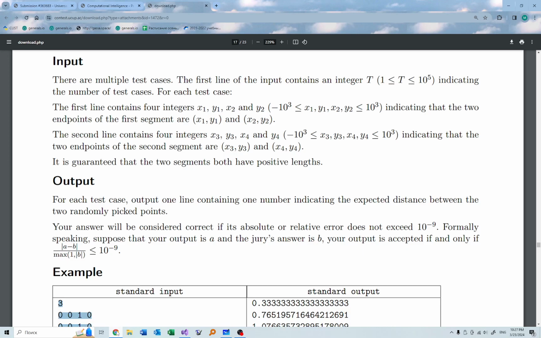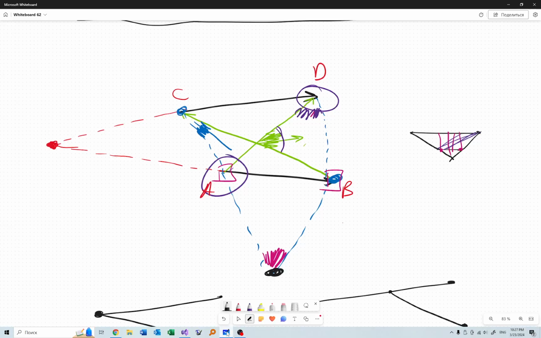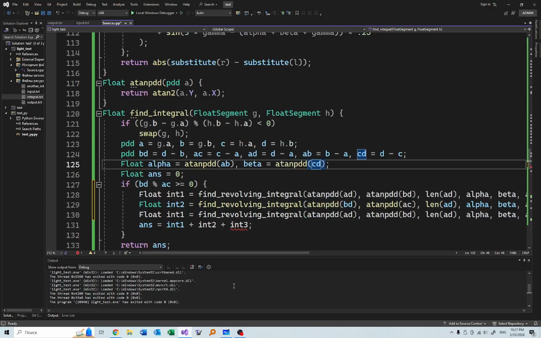How do we avoid that? For example, we can simply check that the distance is not huge.